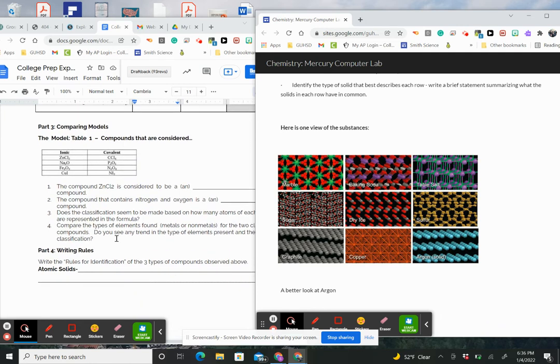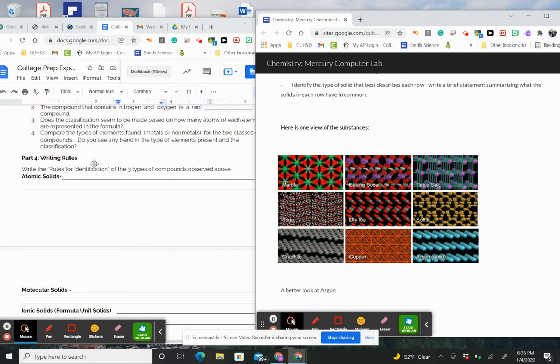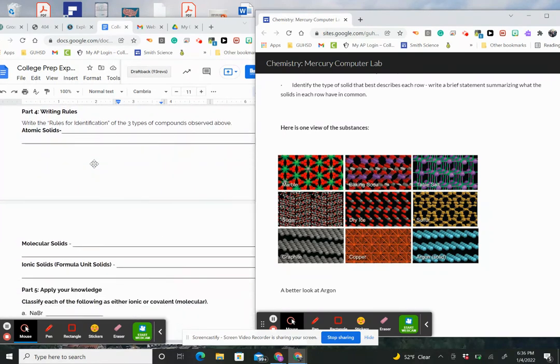Then coming down here, you're going to compare this table. What can you compare? You have ZnCl, Na2O, Fe2O3, CuI, and then your covalent is CCl4, P2O5, N2O4, and Ni3. Now, covalent, another word for that is a molecule, and that's something that I'll touch on when I return to class or in some of your notes that you're going to be going through.